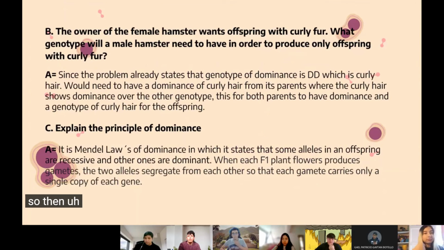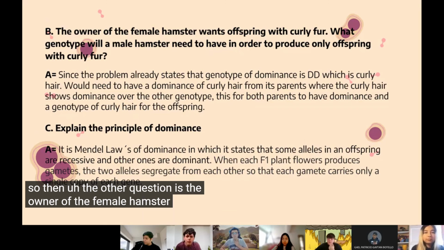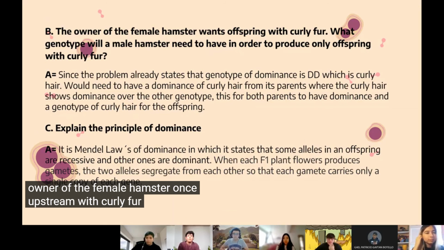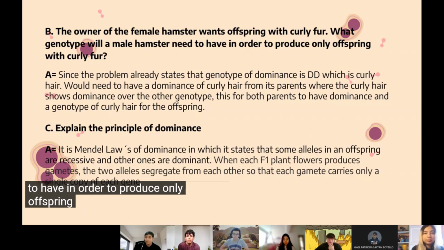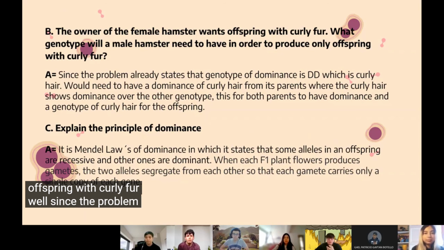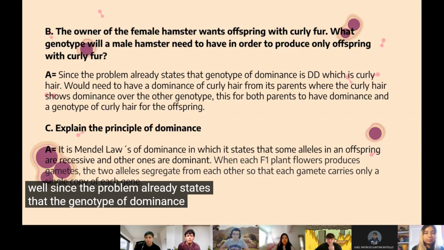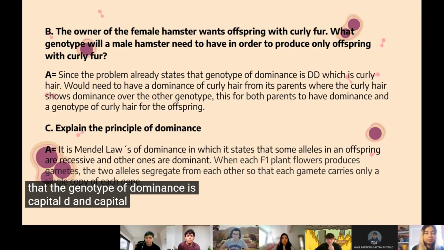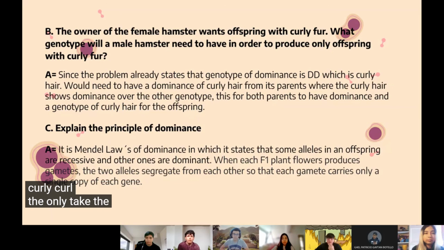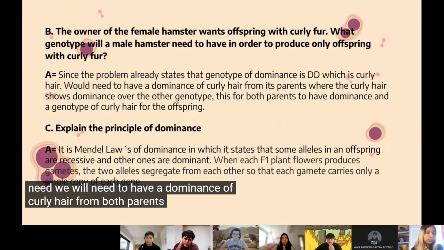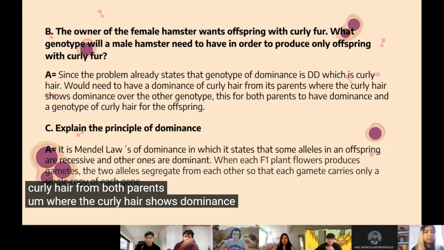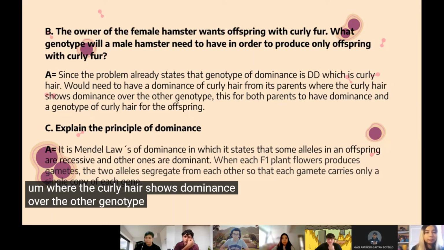The other question is, the owner of the female hamster wants offspring with curly fur. What genotype will a male hamster need to have in order to produce only offspring with curly fur? Since the problem already states that the genotype of dominance is capital D and capital D, which is curly hair, we will need to have dominance of curly hair from both parents, where curly hair shows dominance over the other genotype.